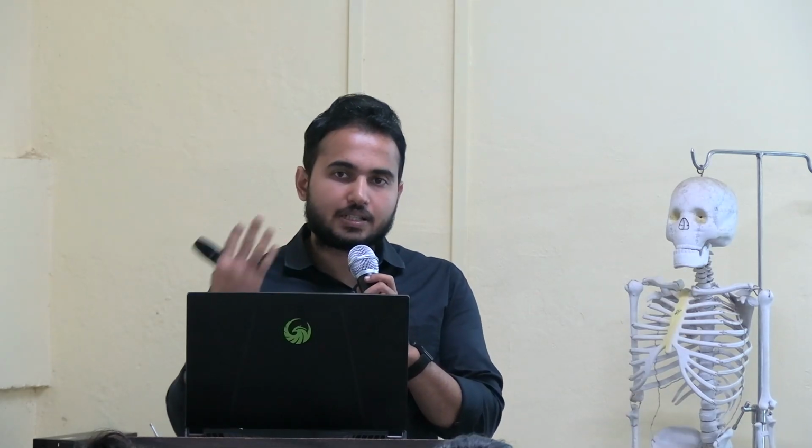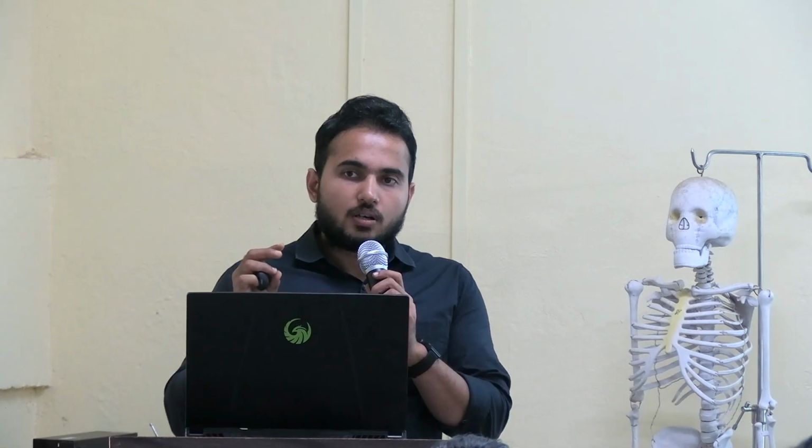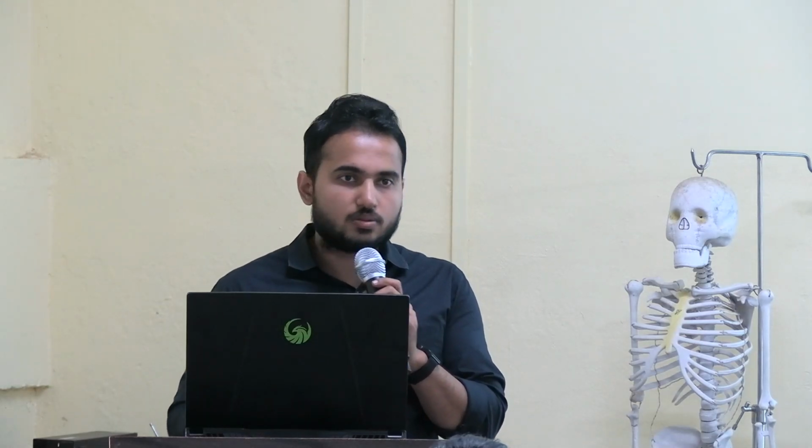There is a subject called neuroanatomy. Once the head and neck portion is over, at that time we'll start with neuroanatomy. When we discuss neuroanatomy, directly the parts of the brain and parts of the spinal cord will be started.